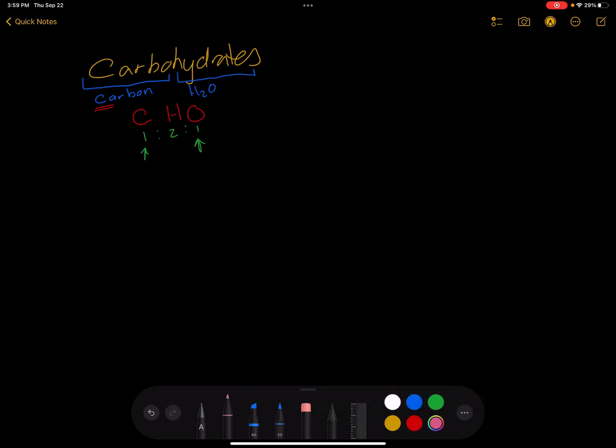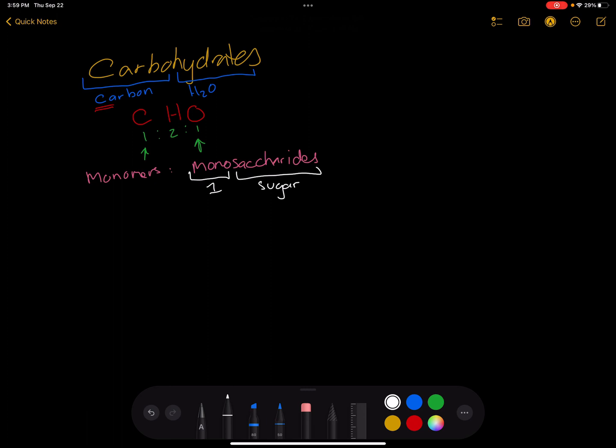Now, if I talk about the monomer, remember monomers are single units. The monomers of carbohydrates are monosaccharides. If we dissect this word, mono means one, and saccharide is referring to sugar. So monosaccharides are one sugar.